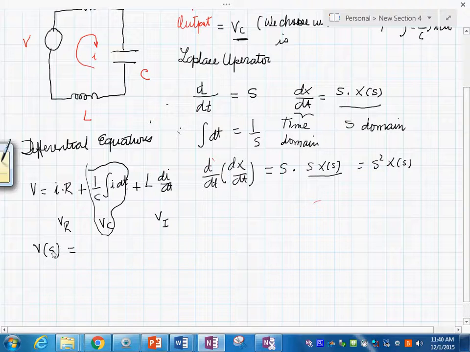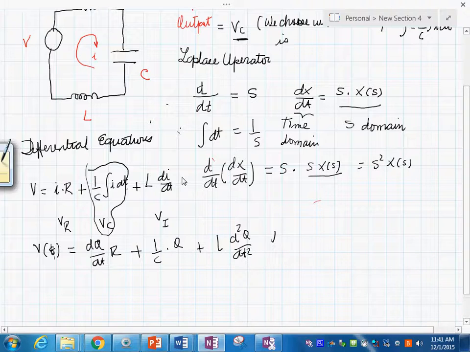well, let's go on. Before we do that, let's put it in terms of the charge, because this will be dq dt times R plus 1 over C times Q plus L times d squared Q dt squared.